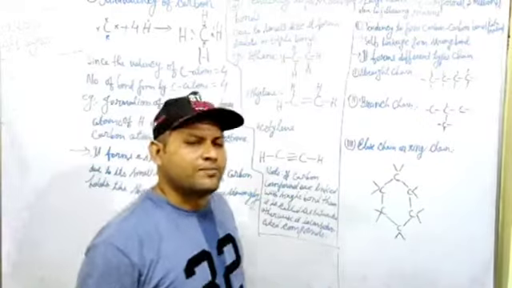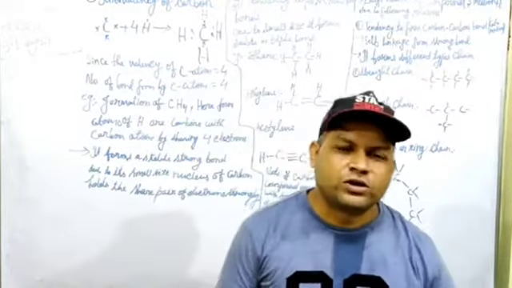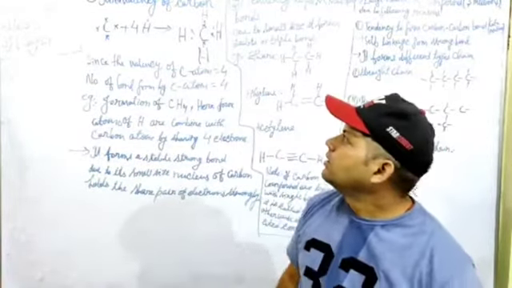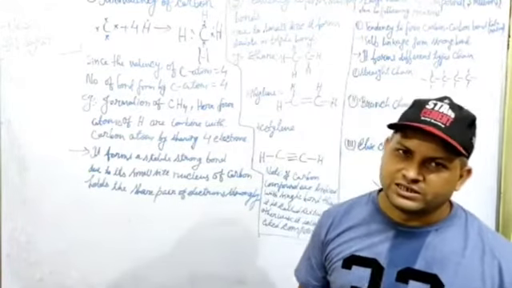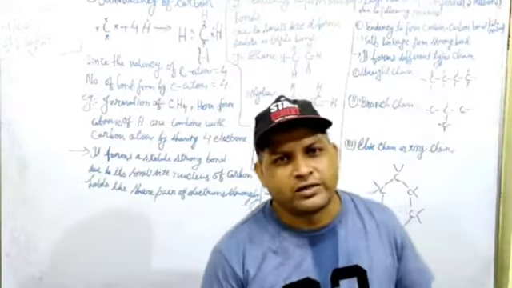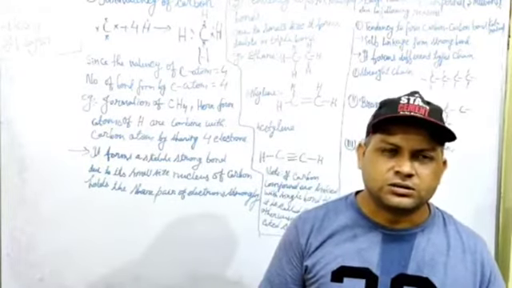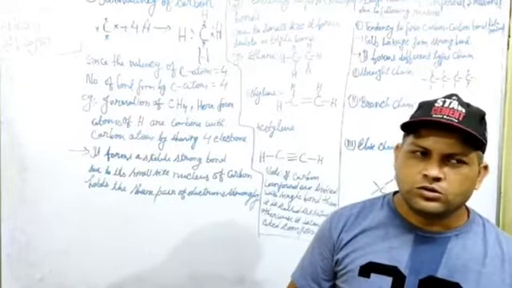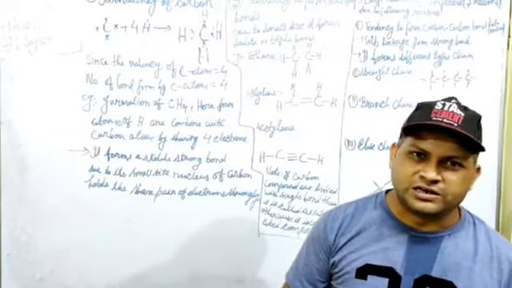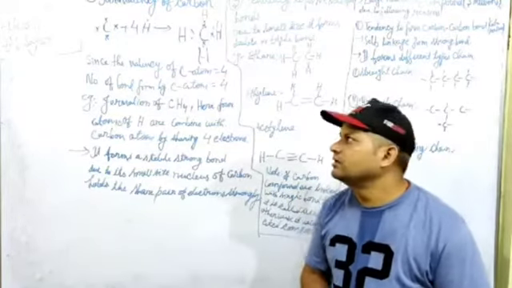Now, after catenation, I am going to explain the tetravalency of carbon. This is another reason why the compounds of carbon are large in number. So let us look at what the tetravalency nature of carbon is.